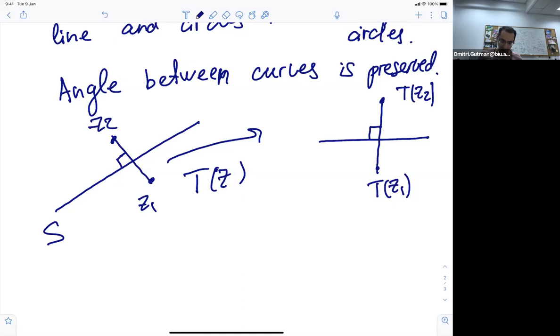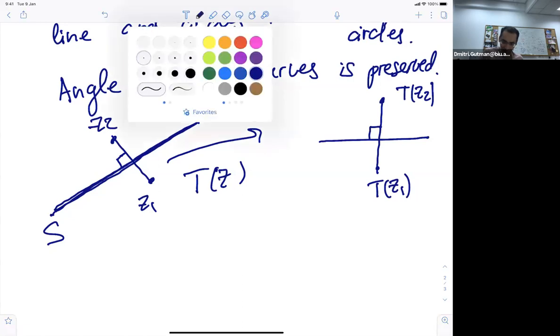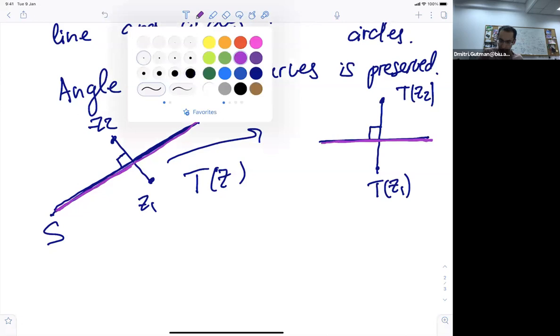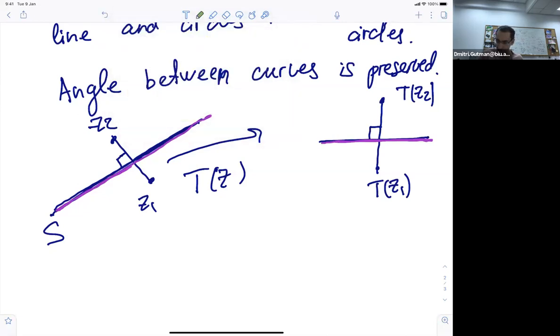And if this was a straight line, let me choose another color. This was a straight line. So here it can be either a straight line or it can be a circle.